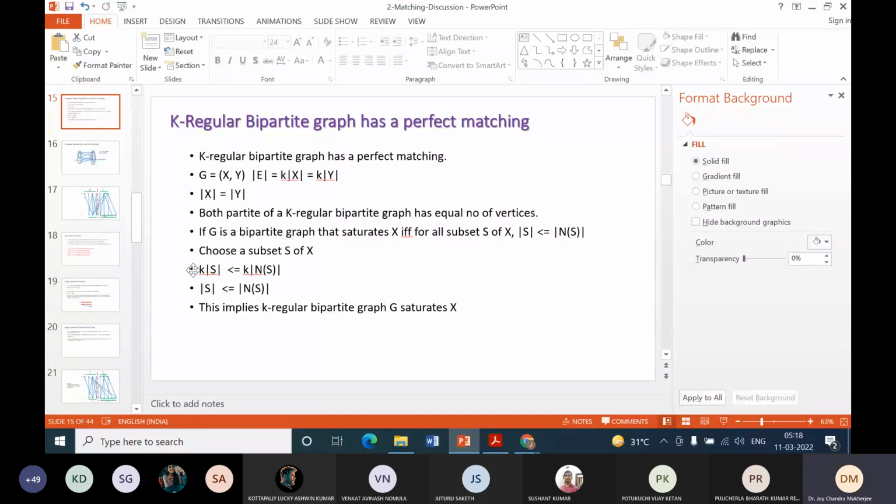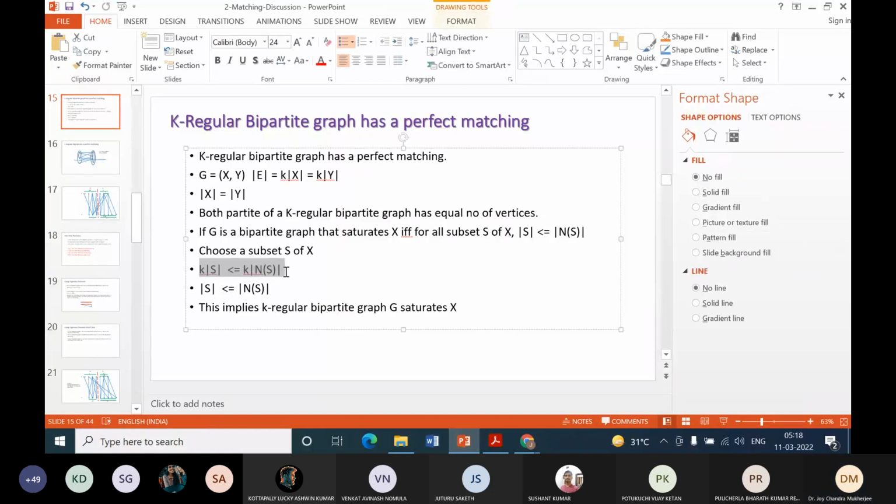So can anybody tell why this statement is right? The given part is only that it's a K-regular bipartite graph. I choose any subset S of X. If I prove this, then mod S is less than or equal to mod N(S), so Hall's condition is verified.